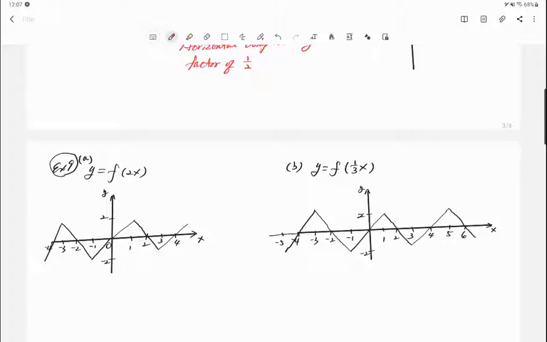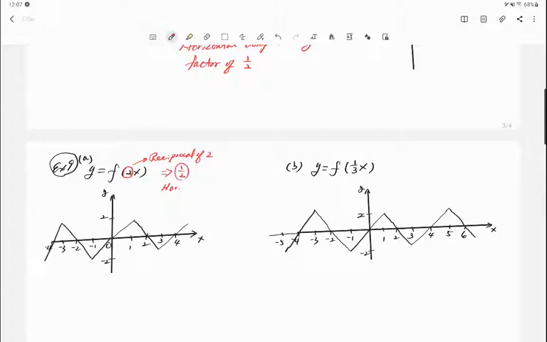For this example, x is multiplied by 2. So what is the reciprocal of 2? It is 1/2. Since x is multiplied, it will be either a horizontal compression or a stretch, right?